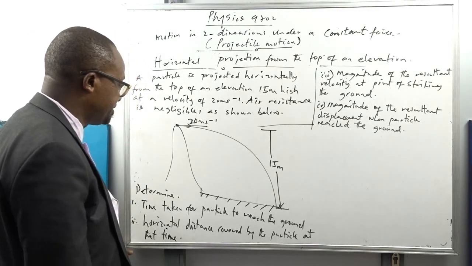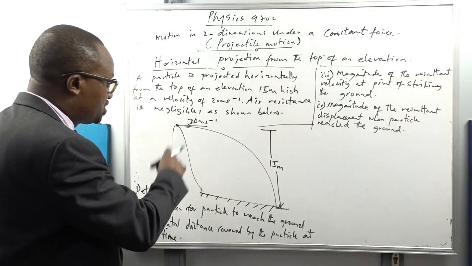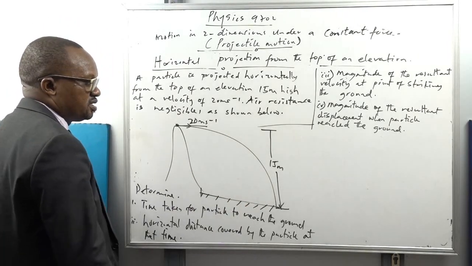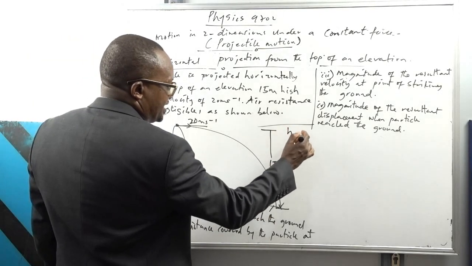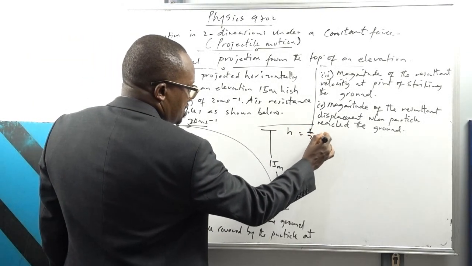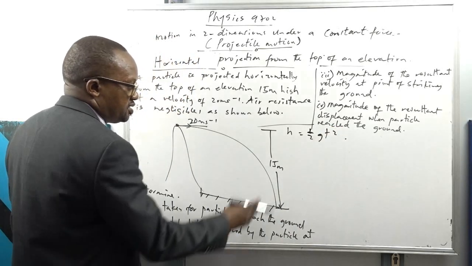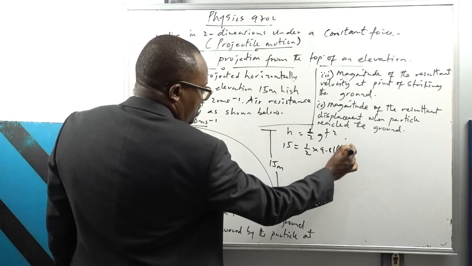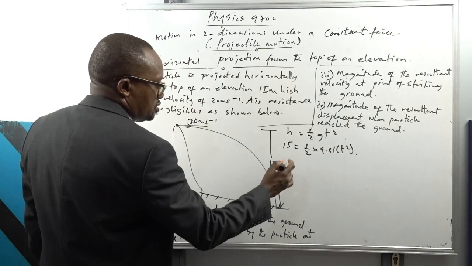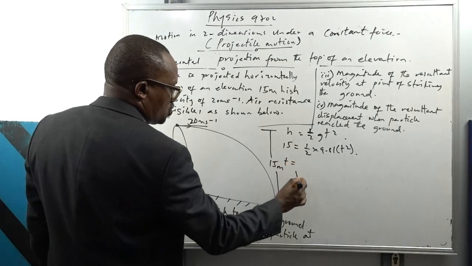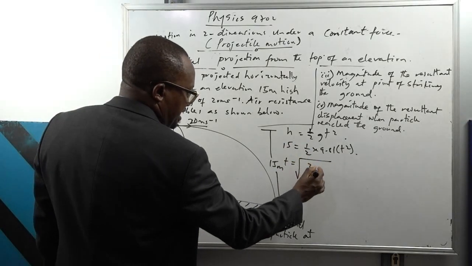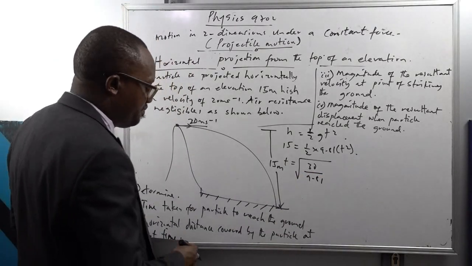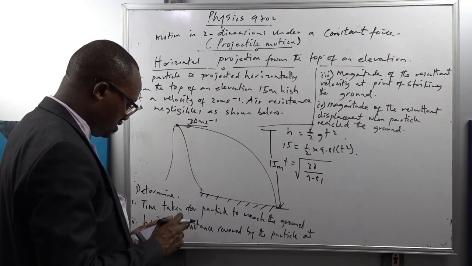So the first one is this. When the particle reaches the ground, what we can deduce is that it has covered the vertical height of 15 meters. So I can use this equation, the magnitude of the height h, remember we said is given as half gt squared. So 15 meters is equal to half times 9.81 times t squared. So t becomes equal to square root of 2 times 15, 30, over 9.81. You make that the subject of formula, and without much ado, you just bring out your calculator.